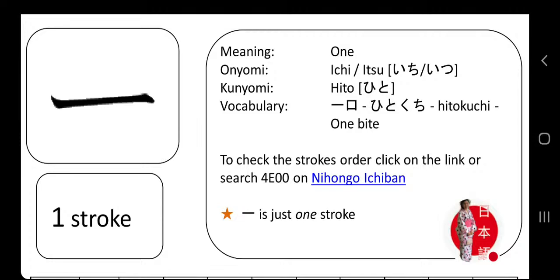On top, you can see the meaning of the character, and below is the vocabulary, which shows a sample word made out of that character. Again, onyomi for Chinese reading and kunyomi for Japanese reading.